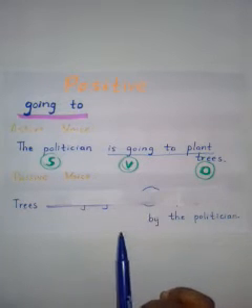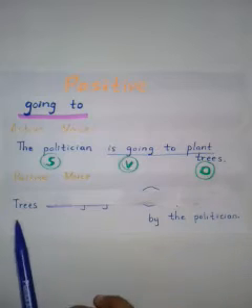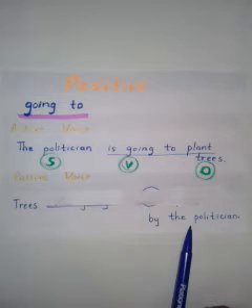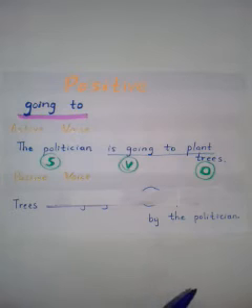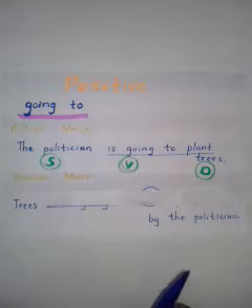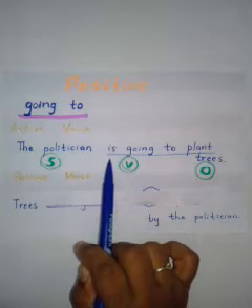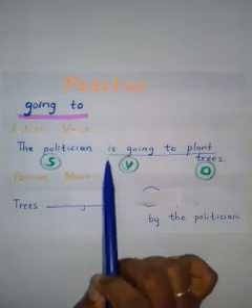Now we must identify the subject, verb and the object. Object must come to the front and subject to the place of the object with the word by, and then we must build up the passive verb. So helping verbs should be am, is or are.